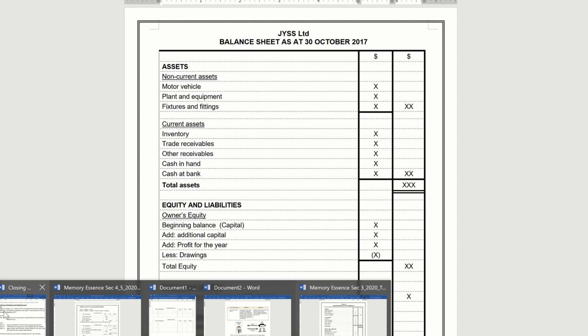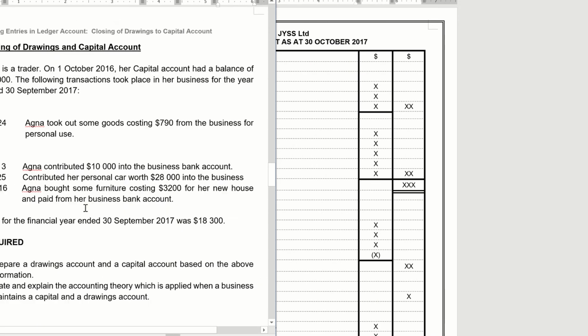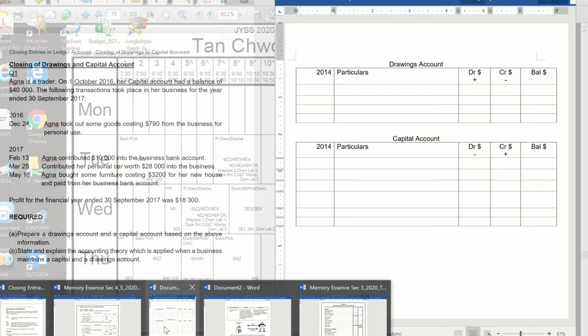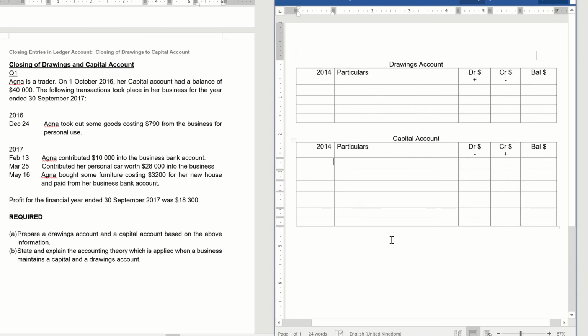So let's take a look at the question again. And you must ensure that you have your ledger account with you, so you can draw out all your columns first. Okay. So let's read through the question together and we start to post all the relevant information into the two ledger accounts.